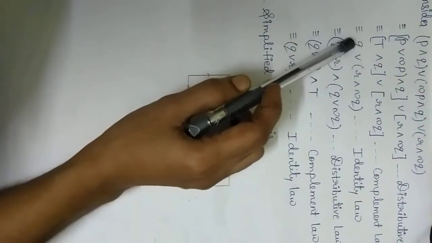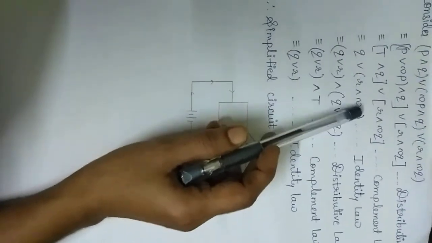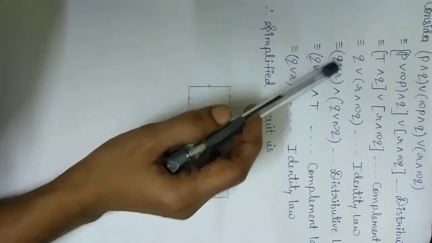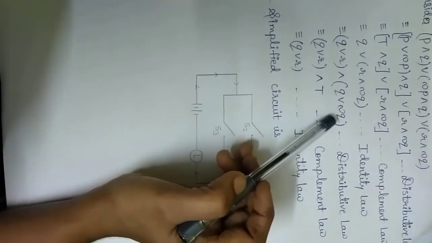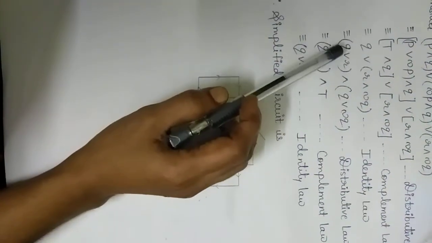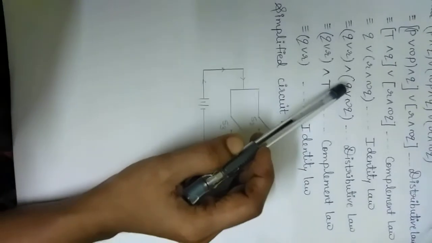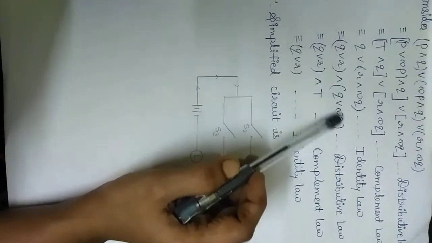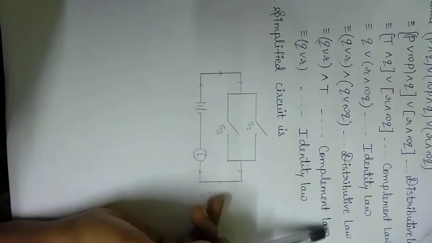Now true and statement will give us the statement by using identity law. Then we will distribute this Q or for both the statement. So here we will get Q or R and Q or negation of R. So that is distributive law. Now Q or R we will write as it is. Here statement or negation of statement will give us T, that is nothing but the complement law.